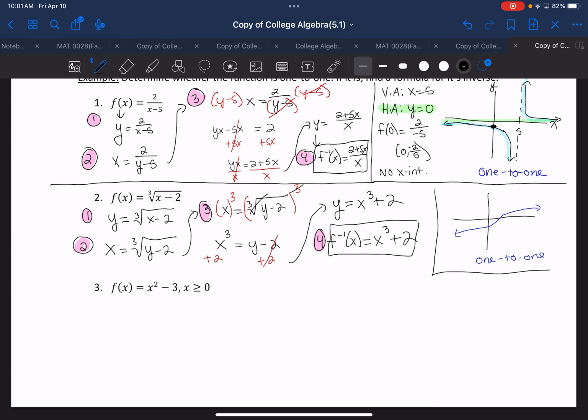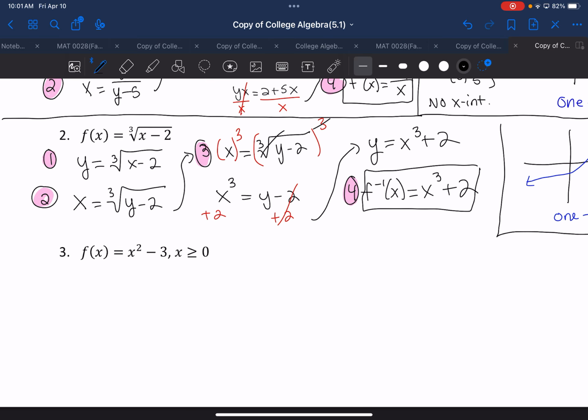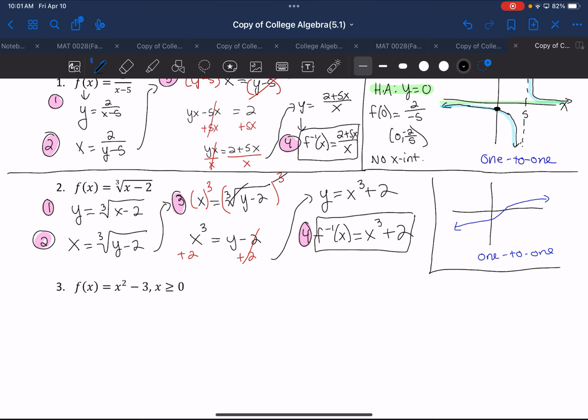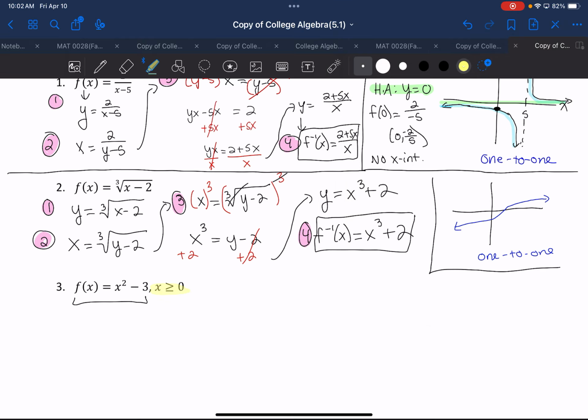All right, the last one is a little bit tricky. Okay, so number 3 is given by the equation f of x equals x squared minus 3, and then they have x is greater than or equal to 0 after it.